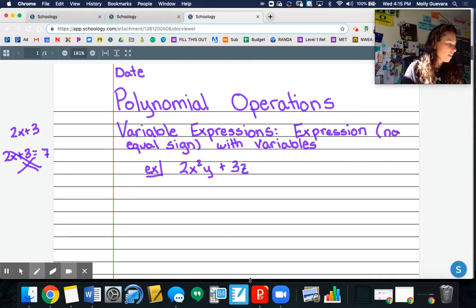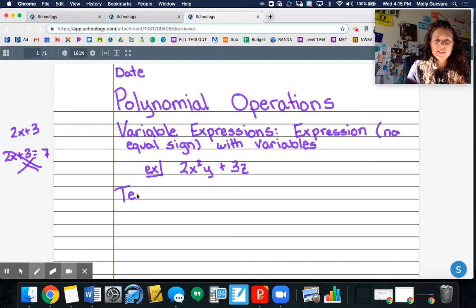It's a variable expression because there's no equal sign, so it's an expression, and it has variables. In this case, it has an x, y, and a z, but even if it just had one variable, it would still be a variable expression.